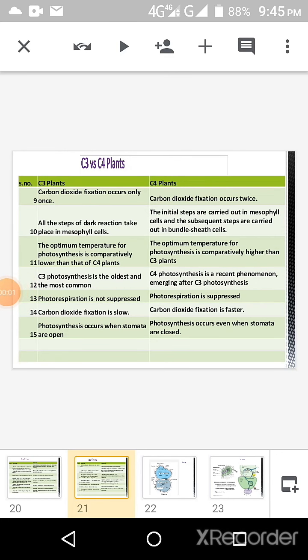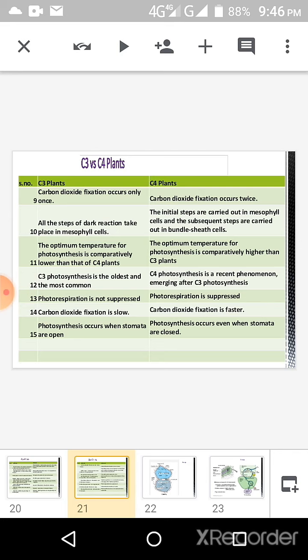Some more differences are, in C3 plants, carbon dioxide fixation occurs only once, which is in the mesophyll cells, whereas in C4 plants, carbon dioxide fixation occurs twice. All the steps in the C3 cycle dark reactions take place in mesophyll cells. The initial steps are carried out in mesophyll cells in C4 plants, and the subsequent steps are carried out in the bundle sheath cells.